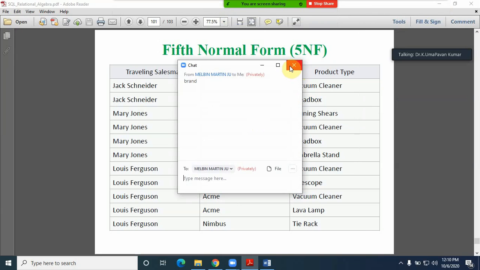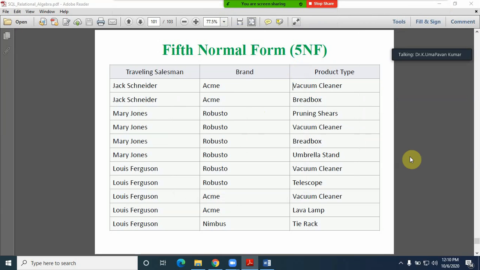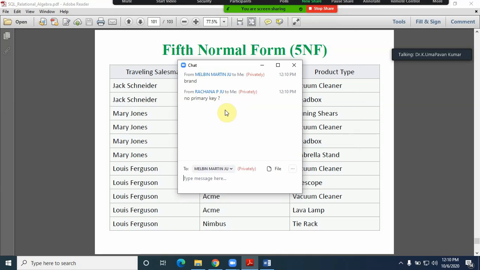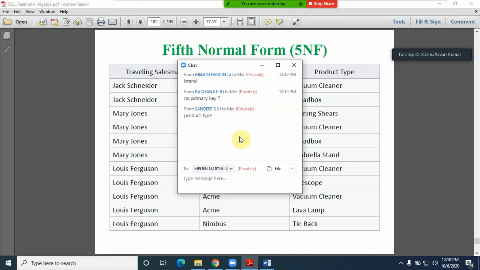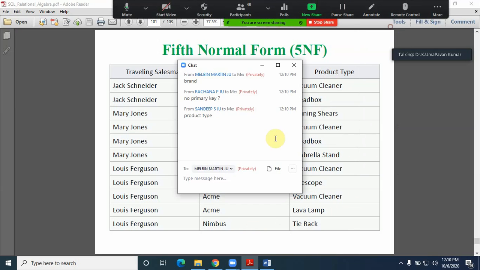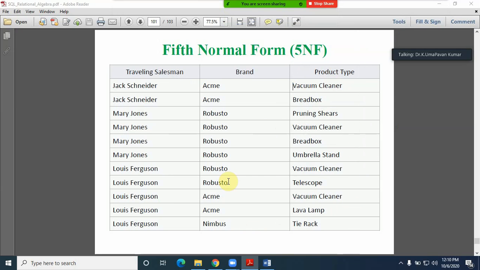No, will be no. Brand, if you are taking as the primary key, it should not be repeated. Yeah, some other. Okay. Product type also repeating, na Sandeep? Product type also repeating, and Bhavana is saying no. I am asking, primary key is there. Primary key is there. Okay.